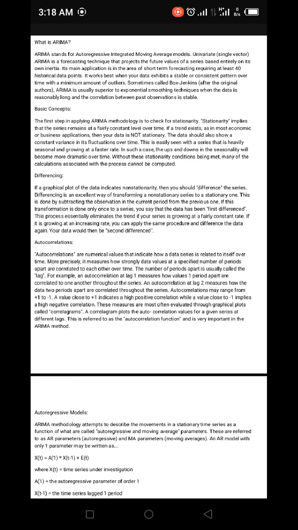You are referring a current price or data to a previous one. We have +1 and -1. Any value close to +1 we say has a high positive correlation, while a value close to -1 has a high negative correlation.